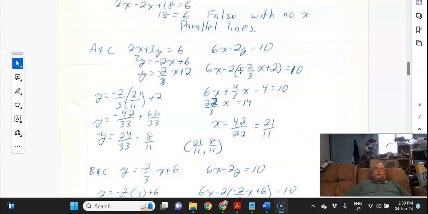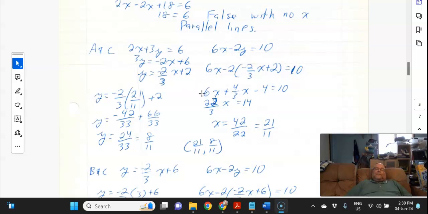Then we substitute in for the y in our second equation. 6x minus 2 times negative 2/3 x plus 2 equals 10. Carefully distributing the negative 2 through, we have 6x plus 4/3 x minus 4 equals 10.